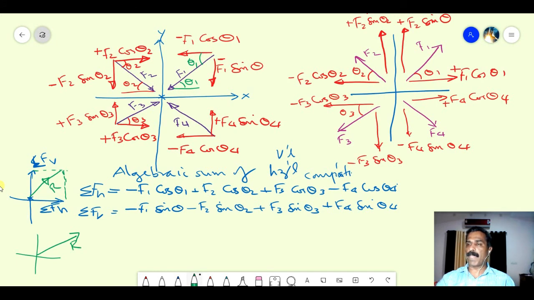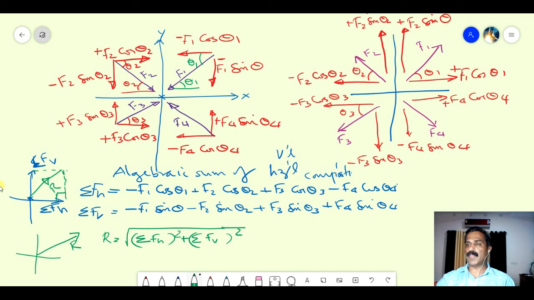That is, we can replace all these forces by the resultant R. Now how to find out R? The magnitude of R can be found out like this: R is equal to square root of sigma Fh square plus sigma Fv square. How can it be explained? This is a right angle triangle, and the square of this side plus the square of this side will be the square of this one.